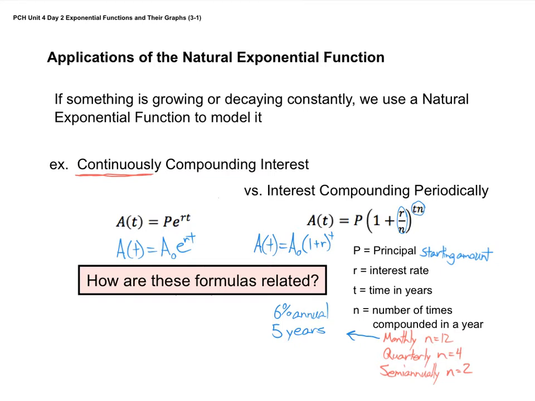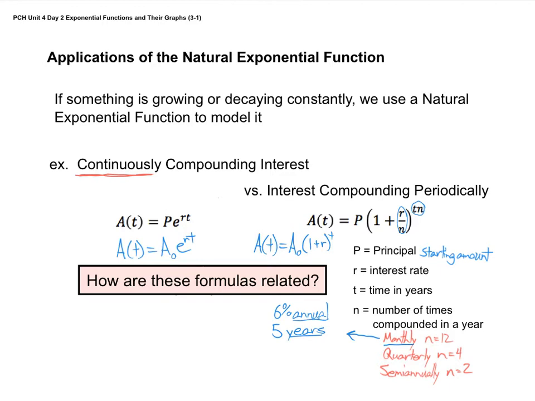Now, if we want this to compound monthly, notice these are both in terms of years. So we have a unit issue. A unit of time is not consistent. Now, you can't really take the compounding number and convert it to an annual because you'll lose some of those compounding events.